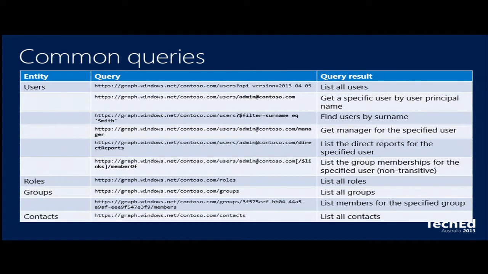Just as a taster, when we want to query information about a particular user, we can list all the users in a directory tenant and maybe page through them. We can find users by their user principal name, their username, or perhaps attributes about users, such as their surname. We can navigate through direct report relationships from one user to another, and all those types of things. So all those directory objects under management by Windows Azure AD can be queried.